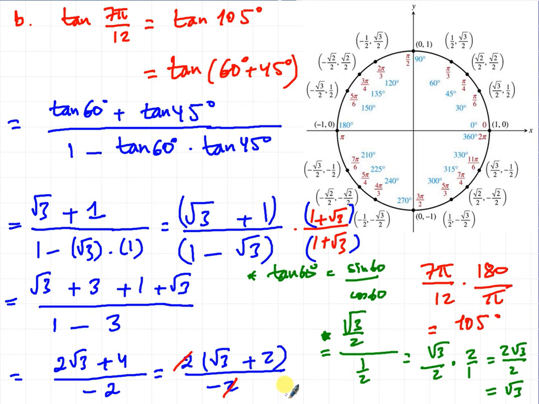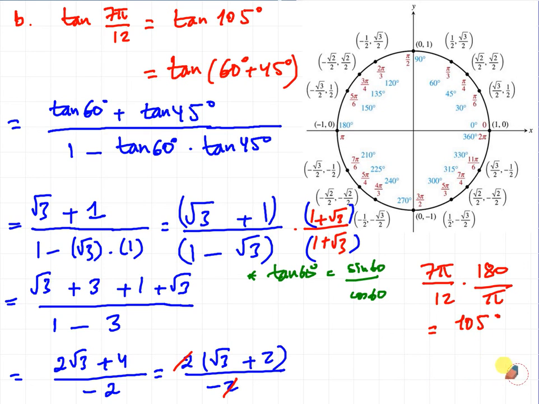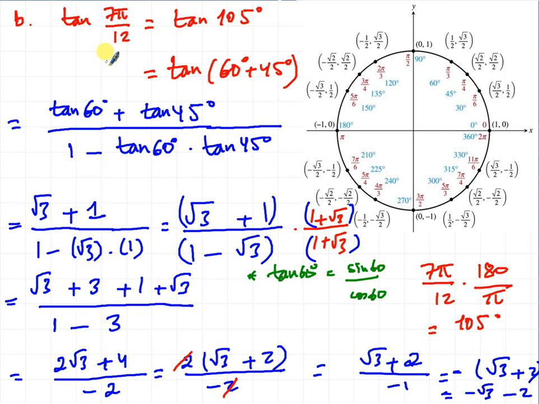So this will be equal to radical 3 plus 2 over minus 1, or I can put it minus into radical 3 plus 2 up. Yeah, minus radical 3 minus 2. That's the answer for tan 7 pi by 12, the exact value of tan 7 pi by 12.